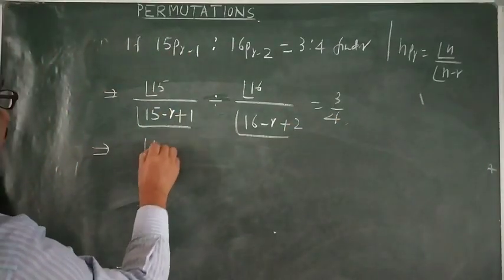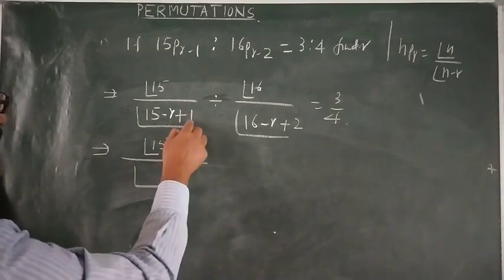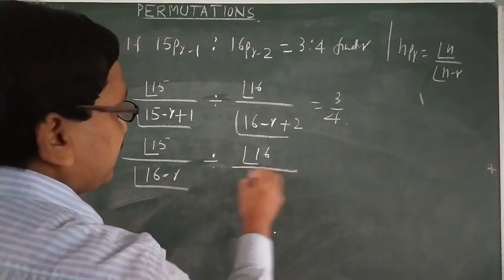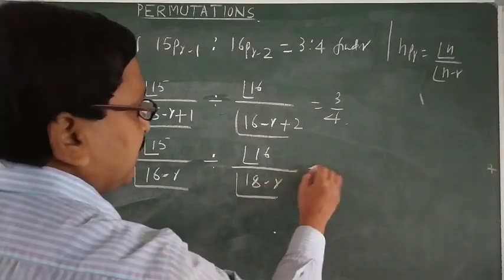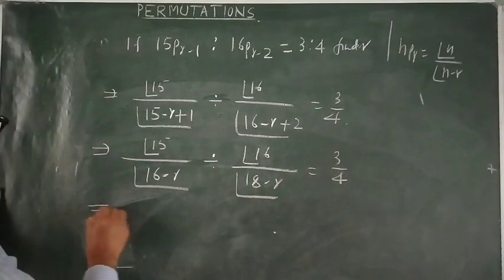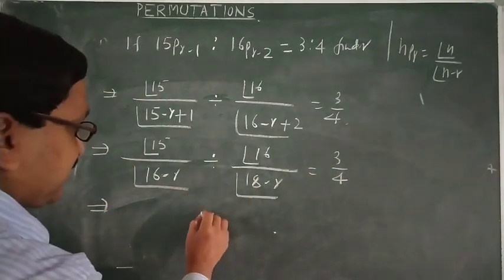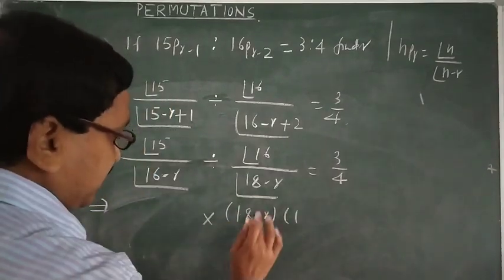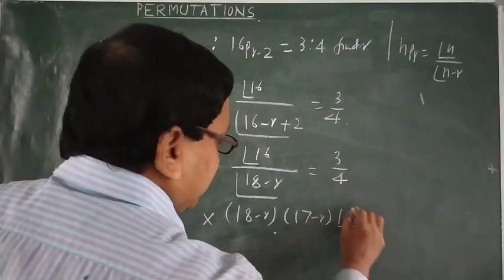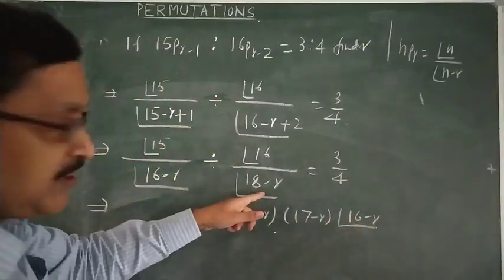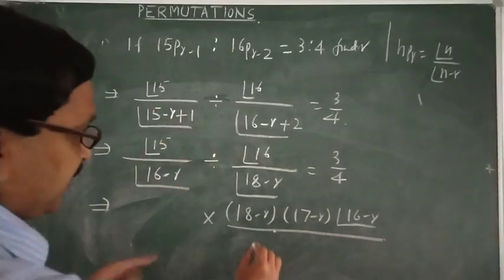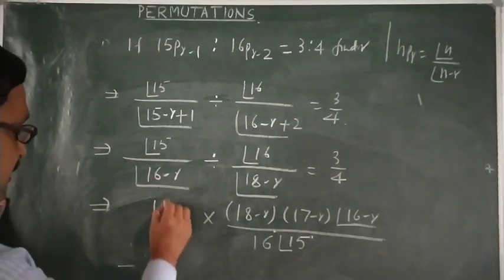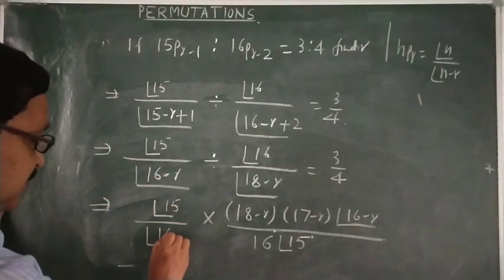Now this division becomes multiplication, with 18 minus r outside, then 17 minus r, then 16 minus r is left. When this goes upside, 16 will come out and 15 is left.